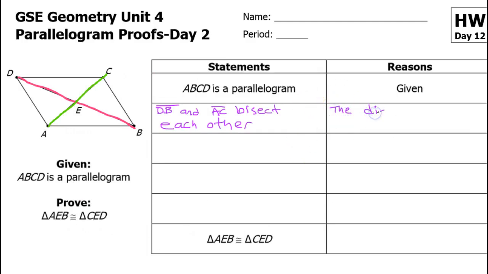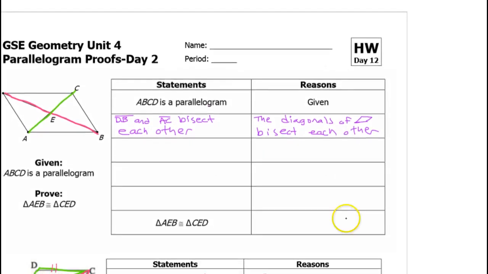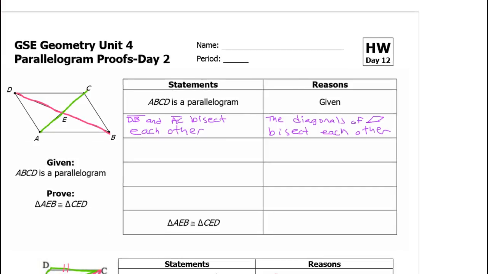All right, the diagonals of a parallelogram bisect each other. Okay. Next, I can go ahead and make the congruence statement. So because these bisect each other, then, for example, DE is going to be congruent to EB.